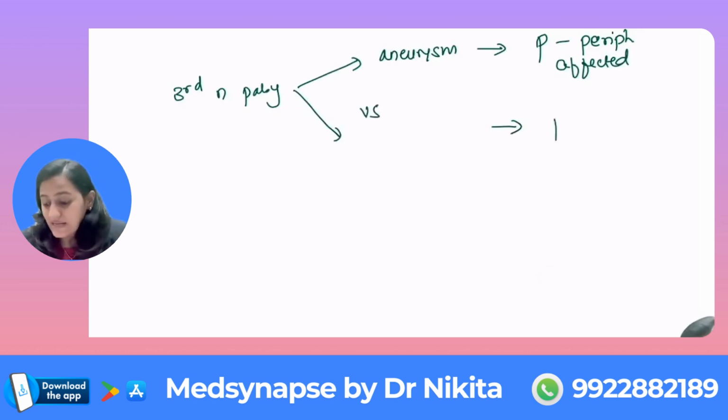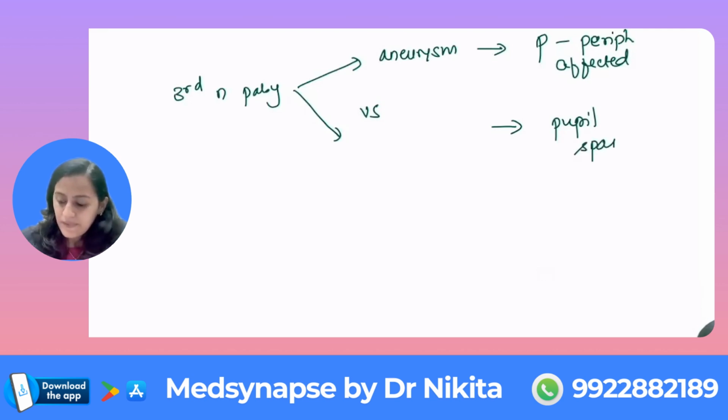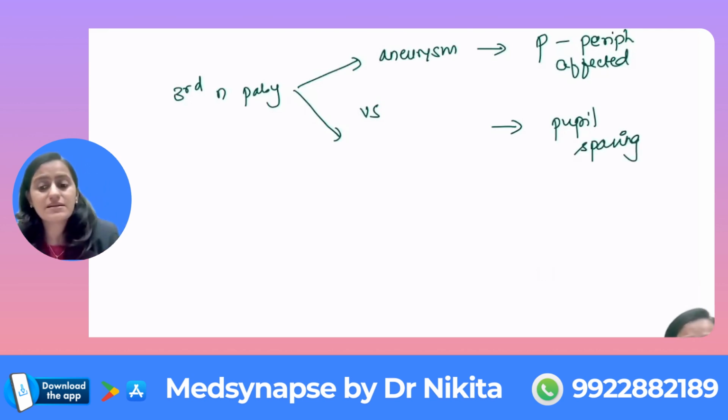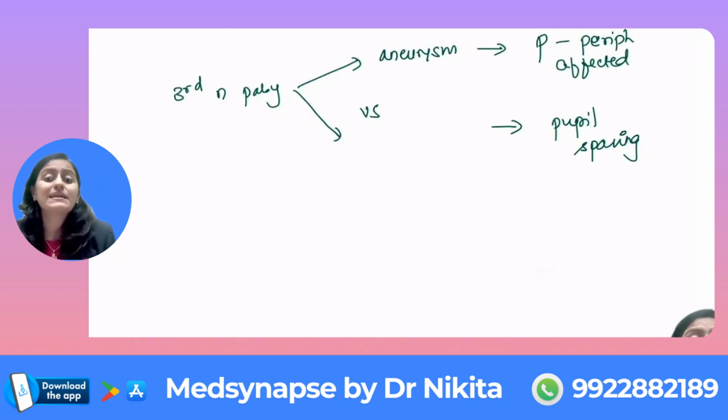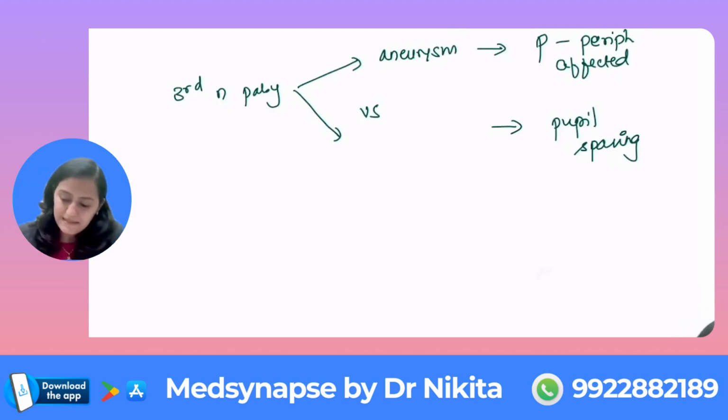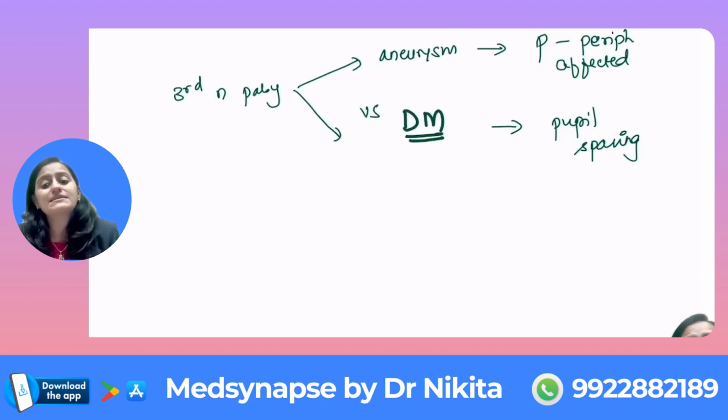Versus in which condition, very, very important, AIIMS asks this question very frequently. Where do you see pupil sparing third nerve palsy? Pupil sparing third nerve palsy, very, very important. Remember, it is seen in diabetes mellitus.